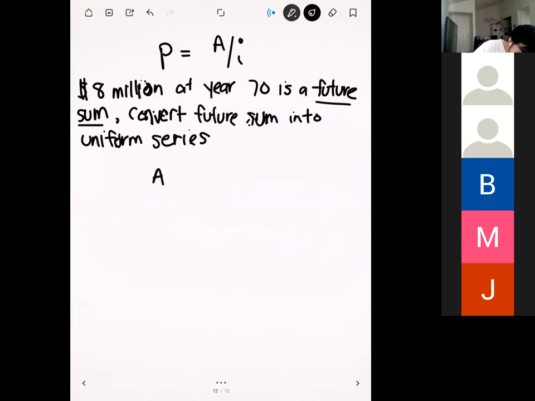This is most easily done with the compound interest tables, right? And so we have 8 million, and we need to convert an F into an A. So that's going to be an A over F factor.